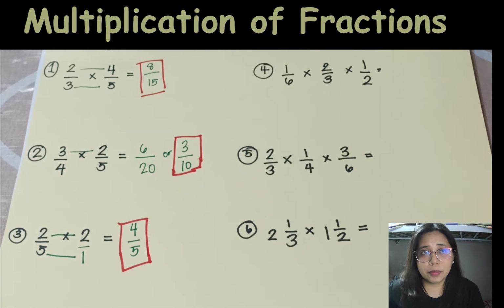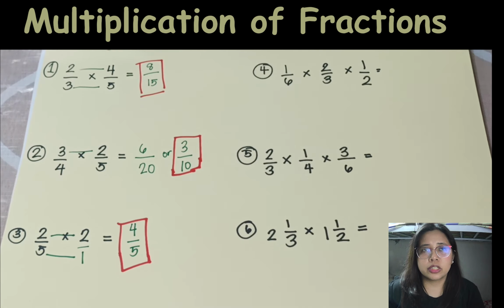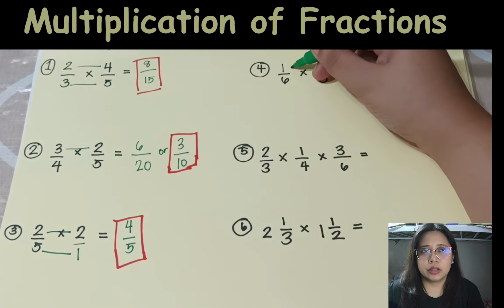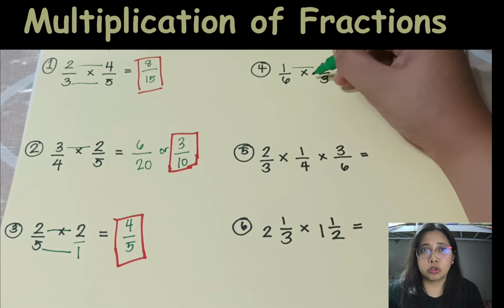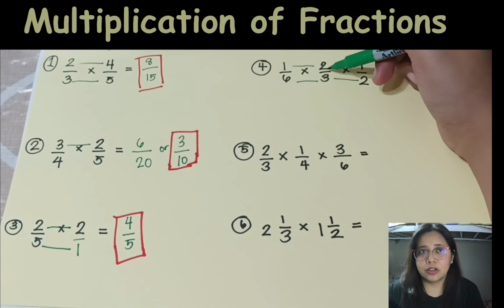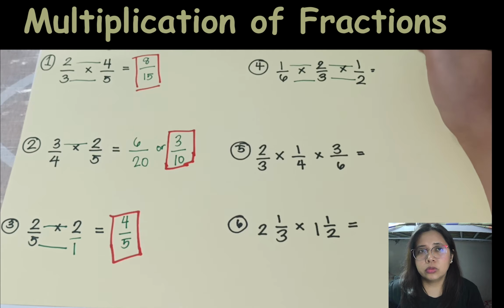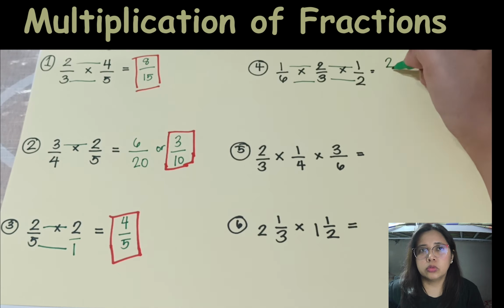So, next example, meron na tayong tatlong fractions. Okay, so we get 1/6 times 2/3 times 1/2. Okay, so same method, numerator to numerator to numerator, denominator to denominator to denominator. So, 1 times 2, that's 2 times 1 is equal to 2. So, we put 2.